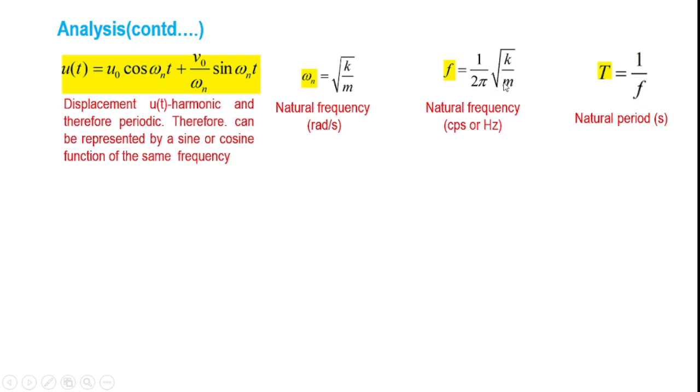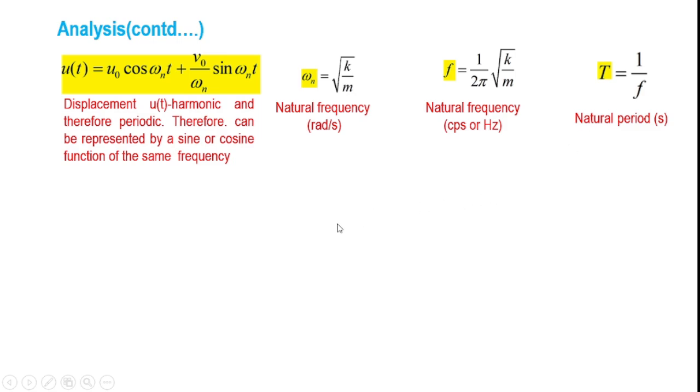Omega n is in radians per second, and if you divide it by 2 pi, we obtain cycles per second or hertz. So we have the natural frequency in hertz as f equal to 1 by 2 pi into square root of k by m. And what is the natural period T? The natural period T is 1 by f, which is the time required to complete one cycle.